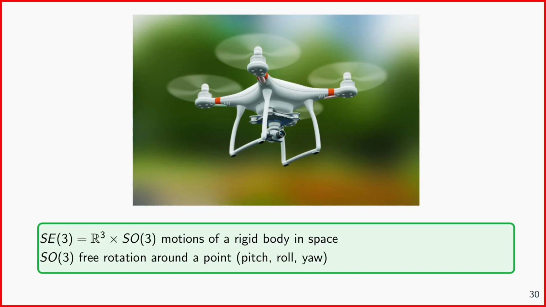But if the rotors, for example, are bigger, then the position of the rotors in space is actually important because you want to know if they are in collision with an object at a specific configuration, and then it would make sense to take them explicitly into account and model them here also as rotations. Does that make sense? Yeah, it kind of both makes sense.